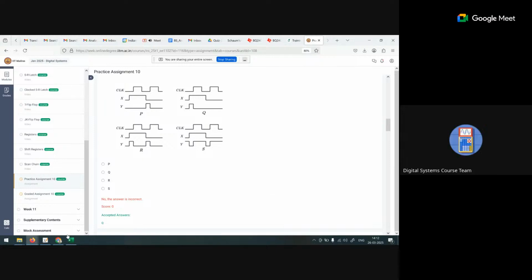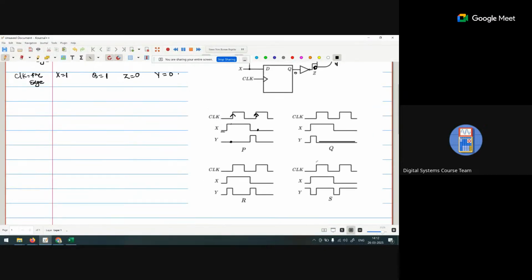So either before this one the output is zero, like for example, I can draw this way, or this way, or some other way. Like I will just draw this one.